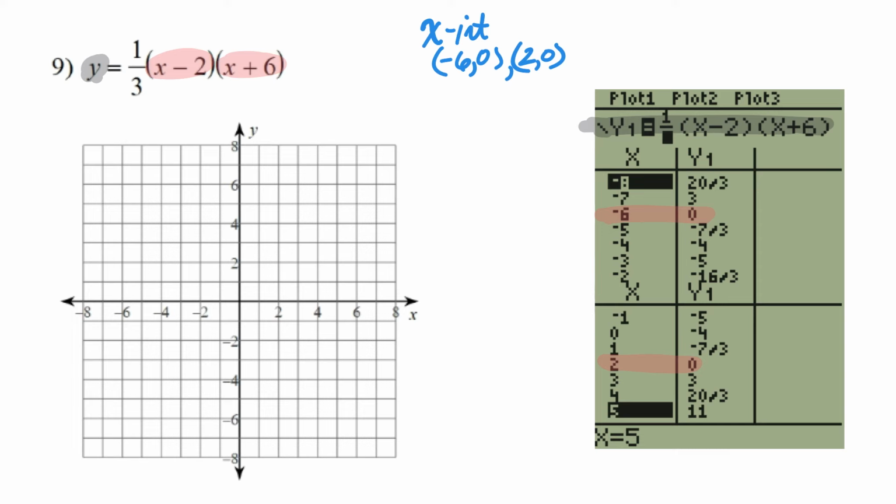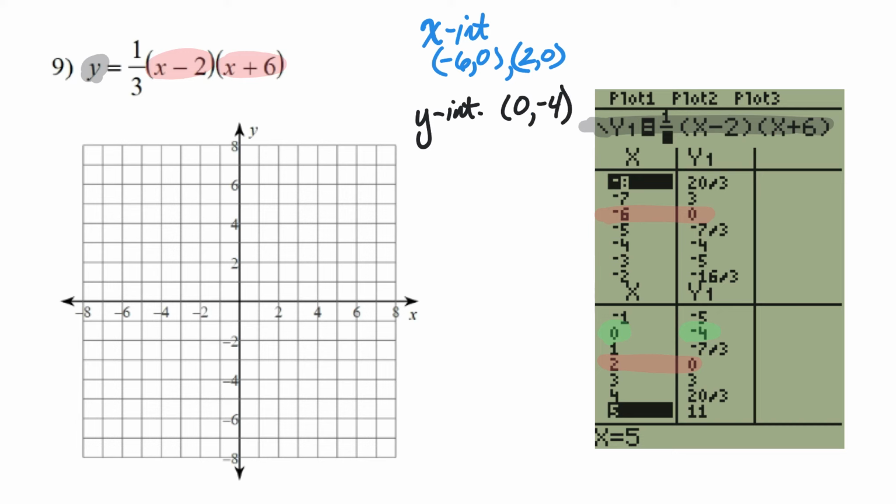Now my y-intercept is where x is equal to 0. Well, that's right here. Try that again. Right there. So my y-intercept is at the point, and this is a location. The y-intercept is at 0, -4.